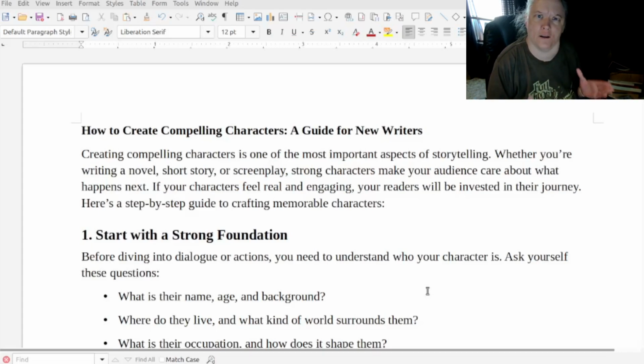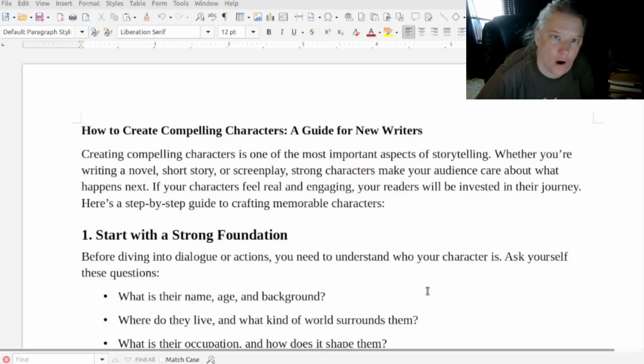Because you can have the greatest plot in the world, but if your characters are boring, if they're stale, or if they don't grow throughout the novel, your readers won't be as compelled to turn to the next page, right? So let's figure out how to make these characters interesting so that your readers keep flipping the pages.